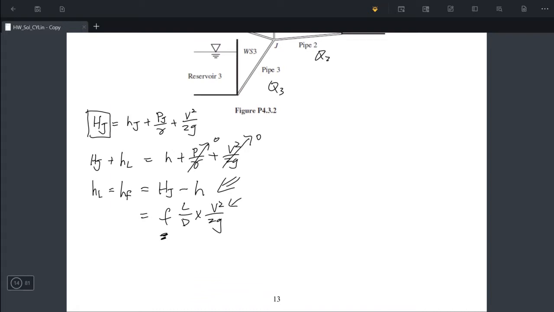So in previous homework, we already showed that if you don't know the F and you don't know the velocity, you cannot really use the Moody diagram to solve this factor because you don't know that velocity.